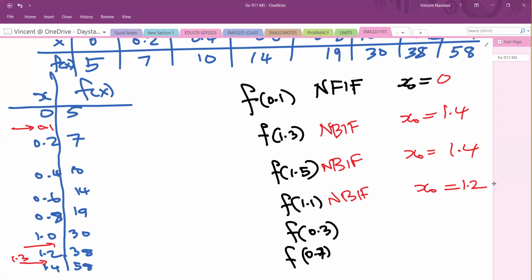If at 0.3, Newton forward, x naught, 0.2. Then 0.7.